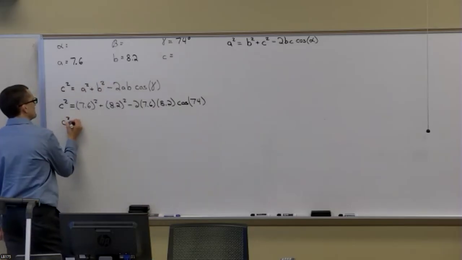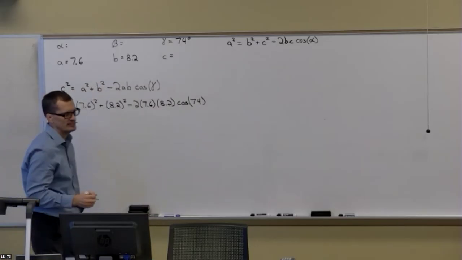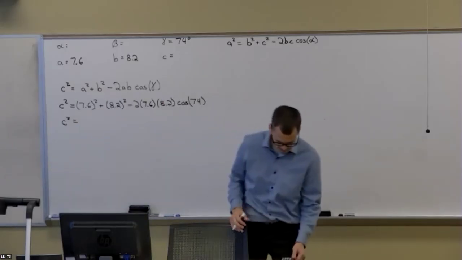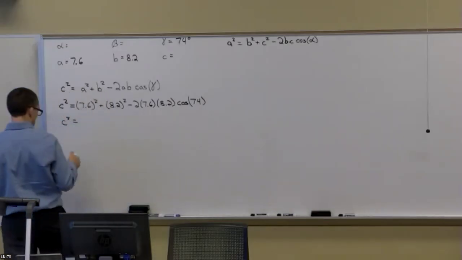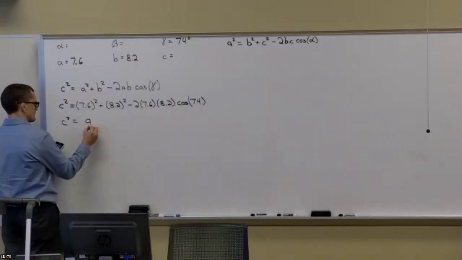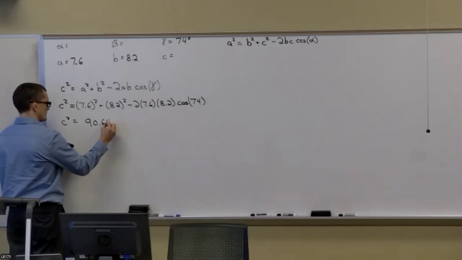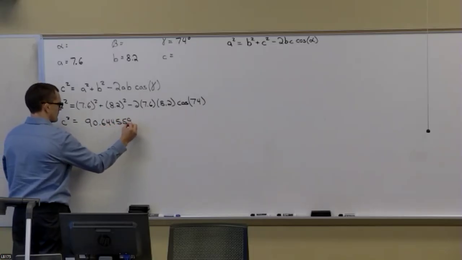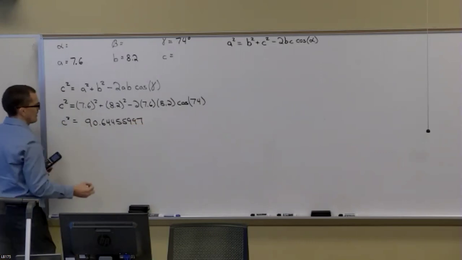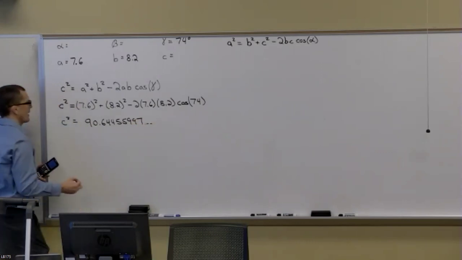The right-hand side gives you 90 point something or other. Lots of stuff. And it goes on from there.